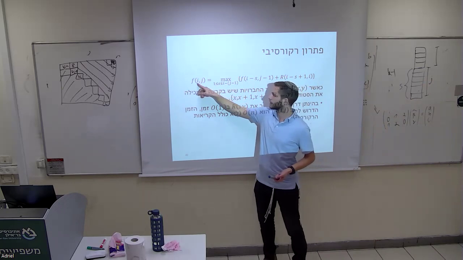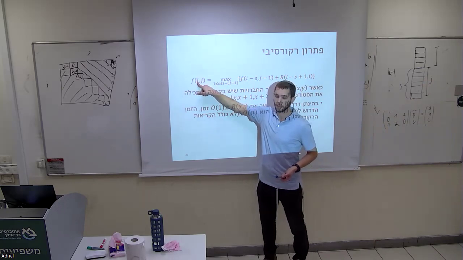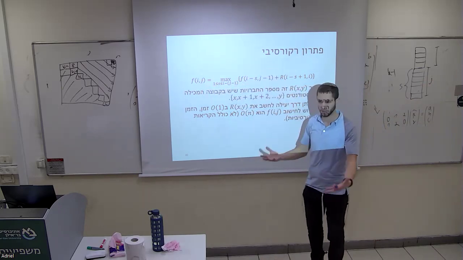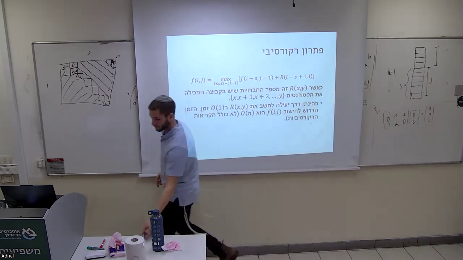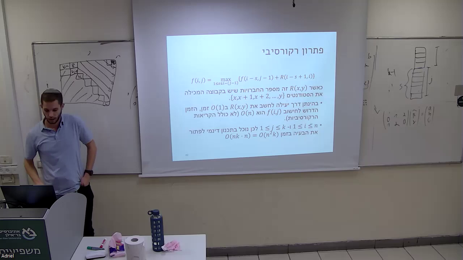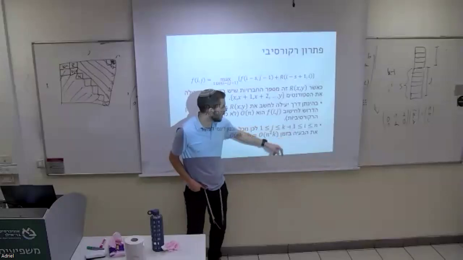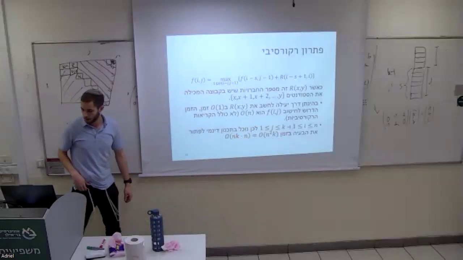If we give it F of I, where I is n the amount of students, and J equal to k the amount of groups, it'll output the maximal amount. So J is between 1 and k, I is between 1 and n.